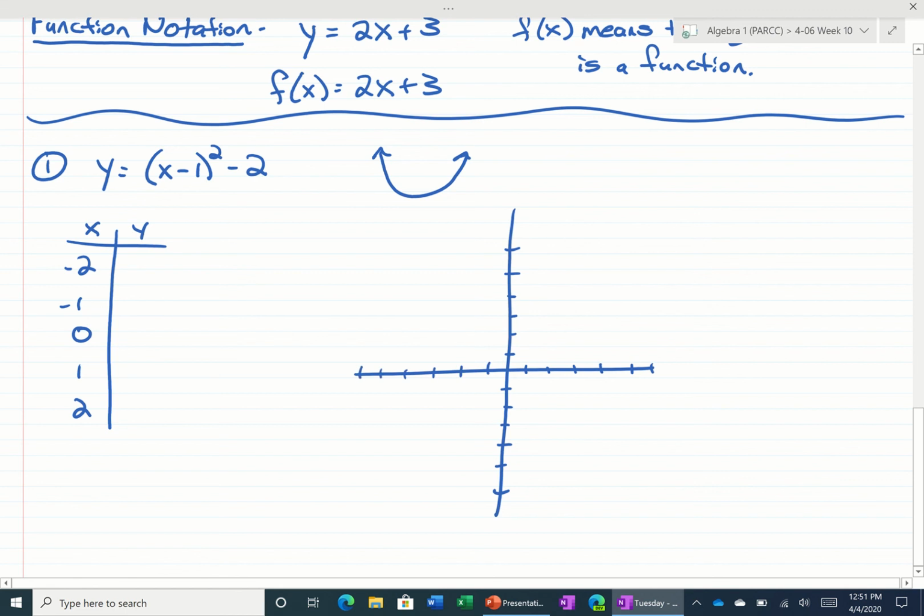Okay, so if we plug in -2, we would get 7. We're plugging it in for x, and -2 minus 1 is -3. -3 squared is 9, minus 2 is 7.